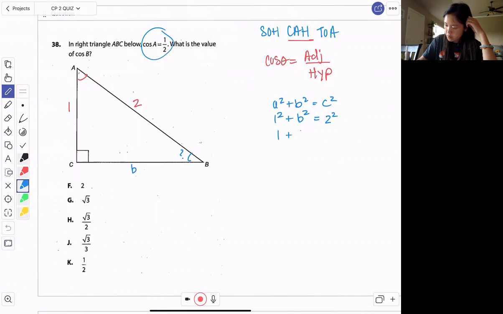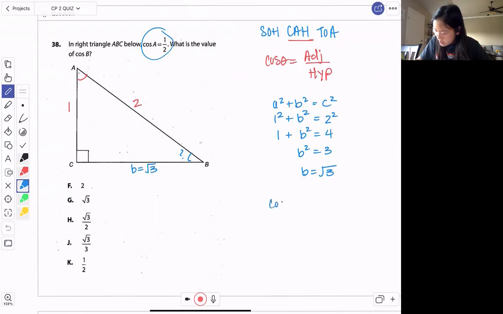So 1 plus b squared equals 4. I would subtract the 1 over, so that becomes a 3. So b is the square root of 3. All right. So that means cosine of B is the adjacent, which is the square root of 3, over the hypotenuse, which is 2. So I believe the answer is going to be H in this case.